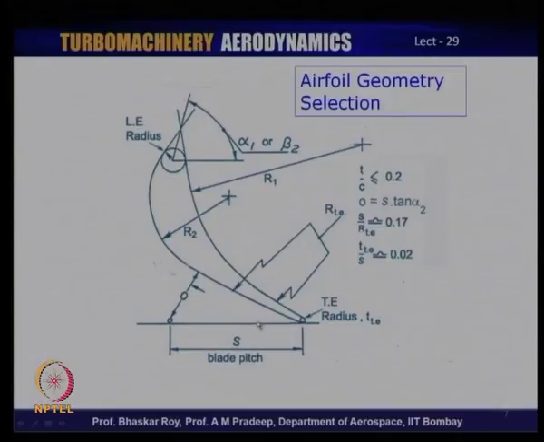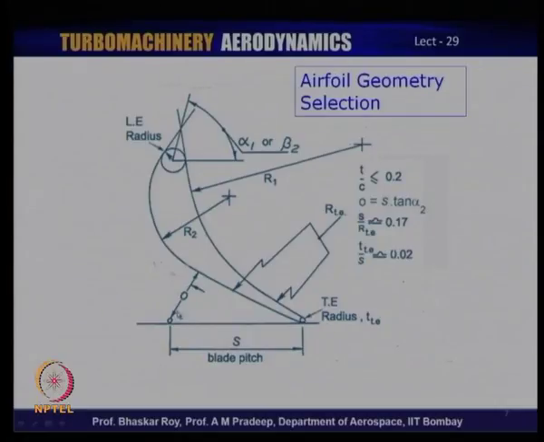Typically they end up with straight lines over here, and then a trailing edge rounding, typically given in terms of trailing edge radius. So, you have a number of geometrical parameters to be decided upon.